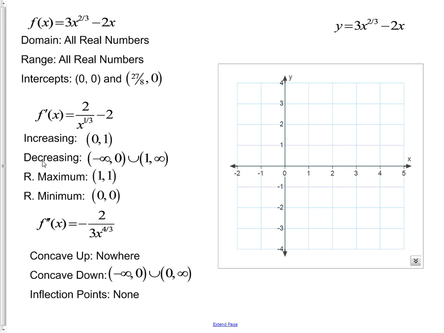Okay, so we have this function that has our x-intercepts at 0, 0, and at 27/8. That's 3.375, slightly more than 3 1/3 right there. We have a maximum. We said a maximum at 1, 1, a relative maximum.